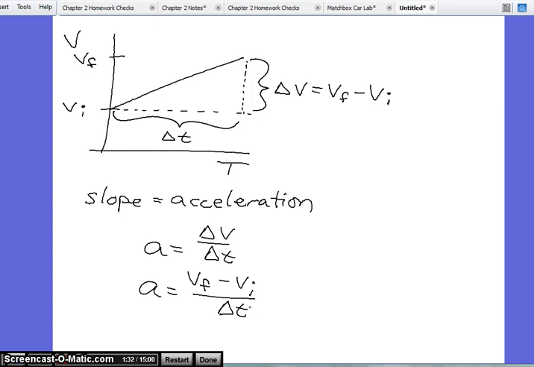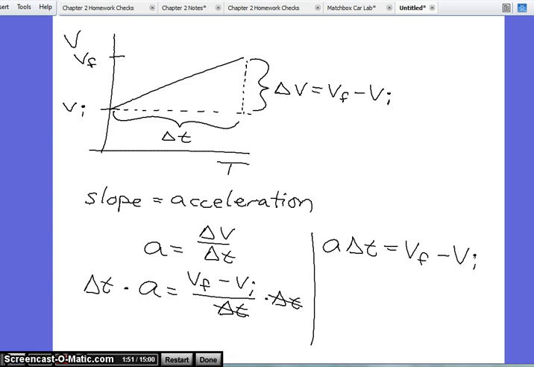And so if we multiply each side by the time, delta t on both sides, so that they cancel out on the right-hand side, we have that A times delta t is equal to vf minus vi. And if we add vi to the other side, we get that vf is equal to vi plus A times delta t.